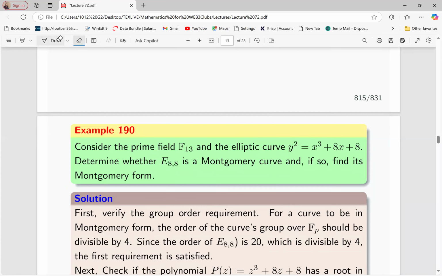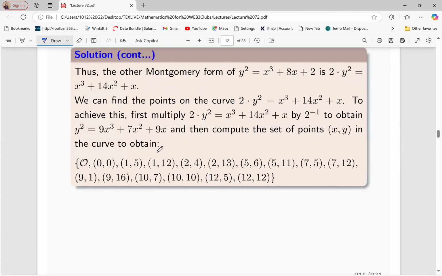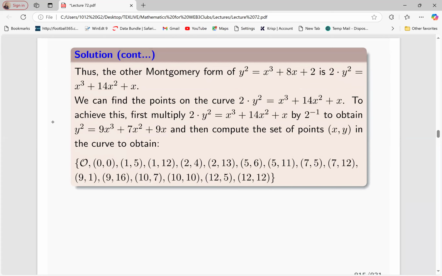So the number of points are different, but are they the same? The number of points in both Montgomery curves, yes. Okay, let's see. 1, 2, 3, 4, 5, 6, 7, 8, 9, 10, 11, 12, 13, 14, 15, 16 for this case.